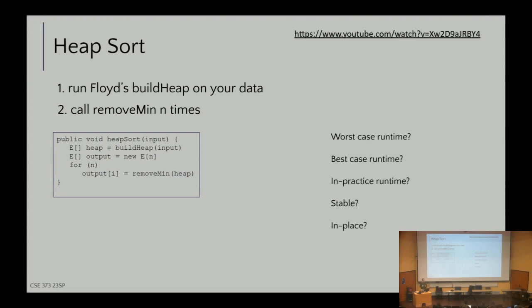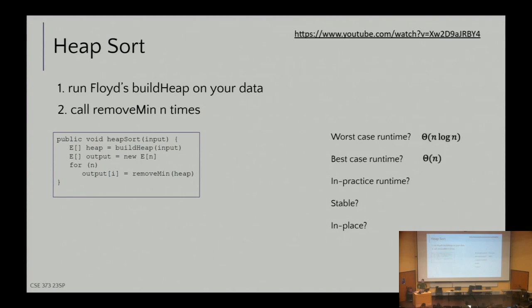I did some really fast hand-wavy statistical analysis, and it runs in linear time. So it takes linear time to insert a whole collection of values into the heap. And then if you just call remove min n times, that will give you a sorted order. And remember, remove min runs in log n time.